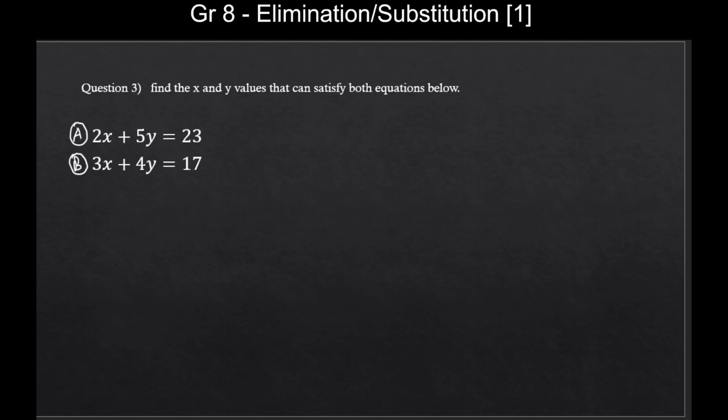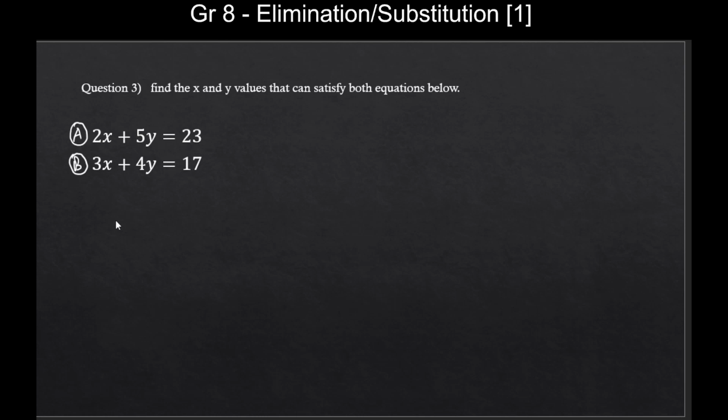Question 3. Again, find the x and the y values. But now we have these two equations. One has 2x and the other has 3x. Can you come up with an idea? Some of you may have. We have to find a common factor.